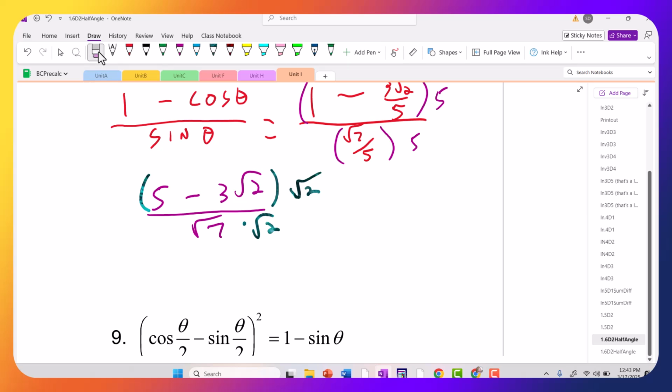It's the denominator that I'm rationalizing. Okay, but that's 5 root 7 minus root 2 times root 7 is just root 14. Nothing happens. No perfect squares. Over 7. 7 doesn't go into 5 or 3. You're done. That's it. Everyone okay?